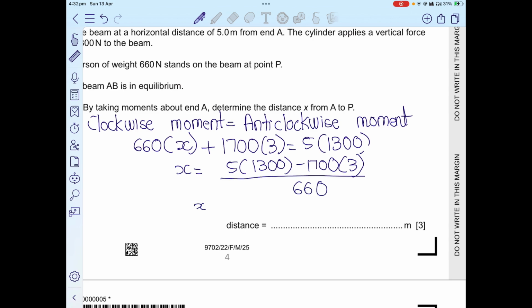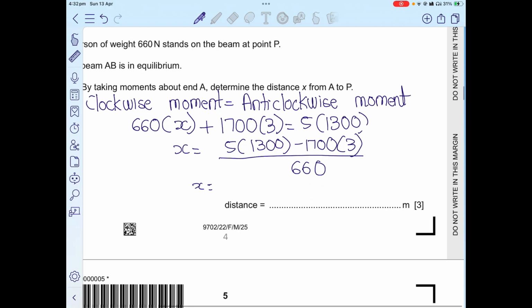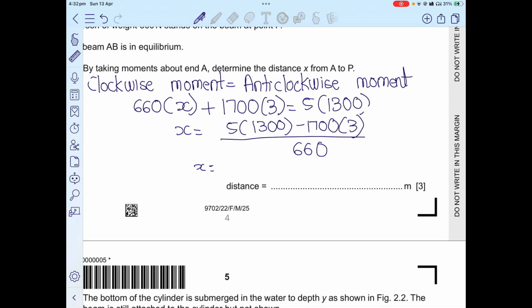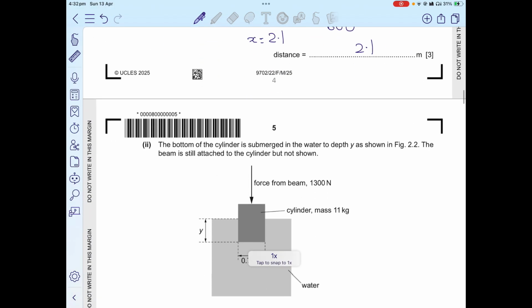When I put this in my calculator, it gives me 2.1 meters. In two significant figures, the answer is 2.1 meters, and that is the correct answer for the distance.